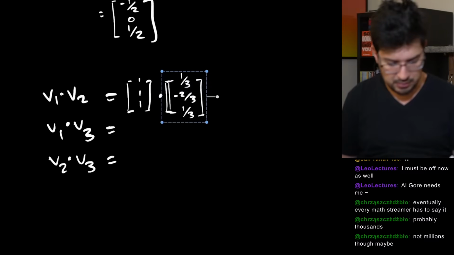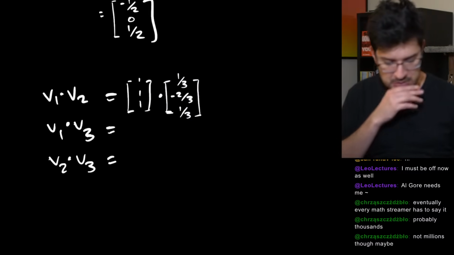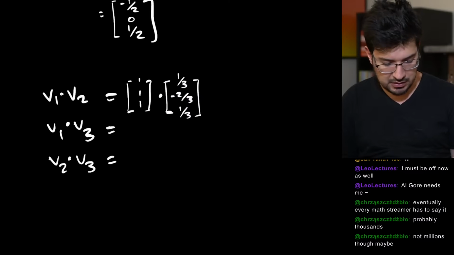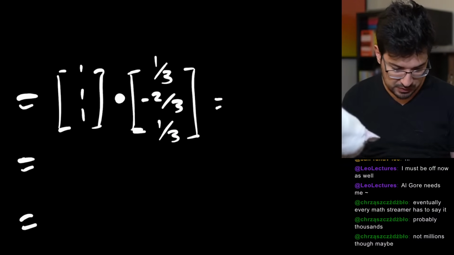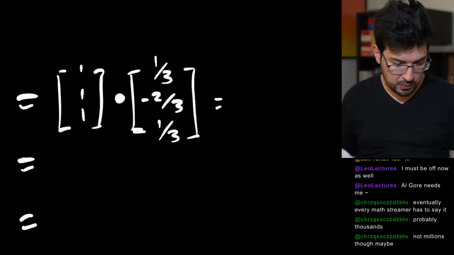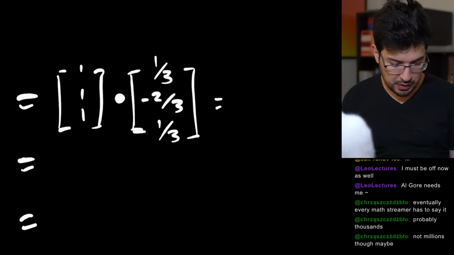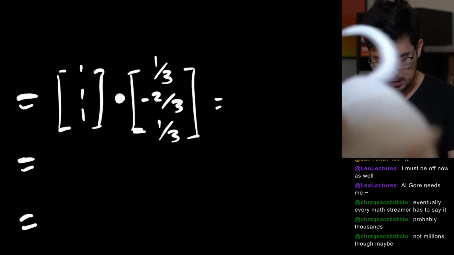If I take the dot product of these two, then I have 1/3 minus 2/3 plus 1/3. Yep, that's 0.